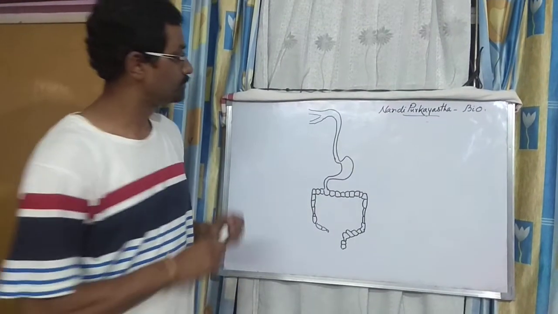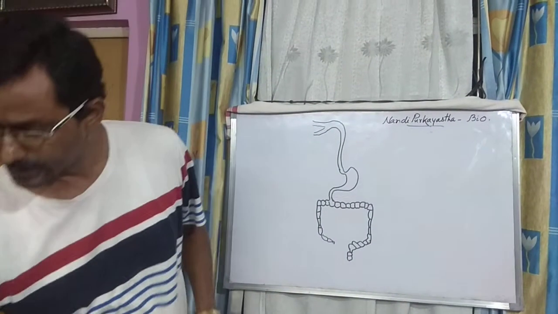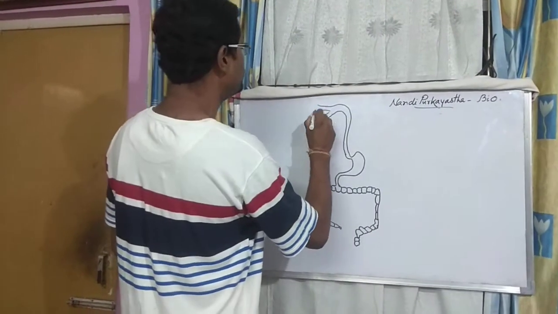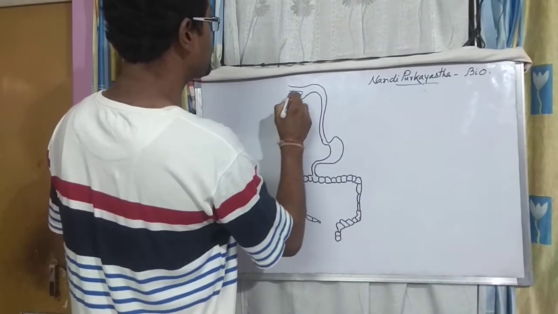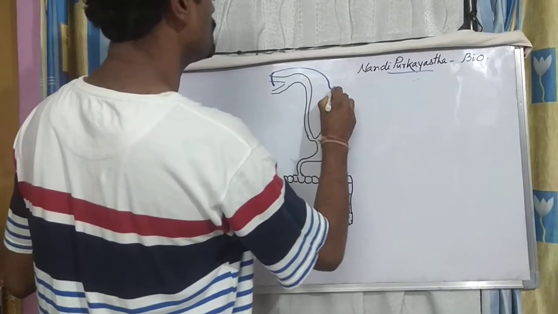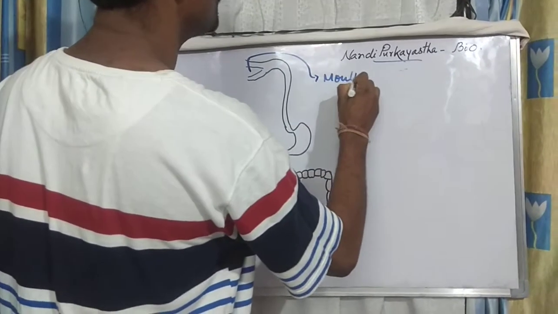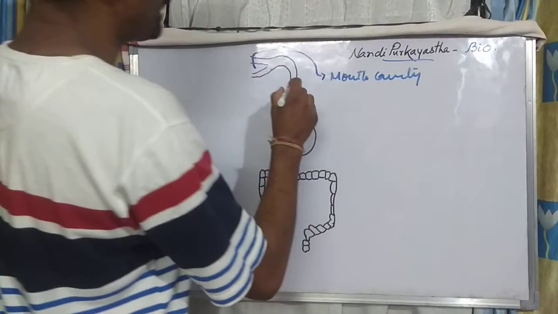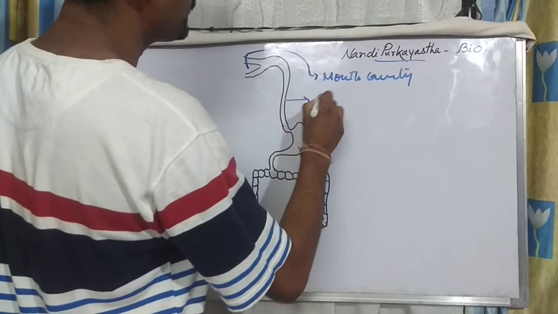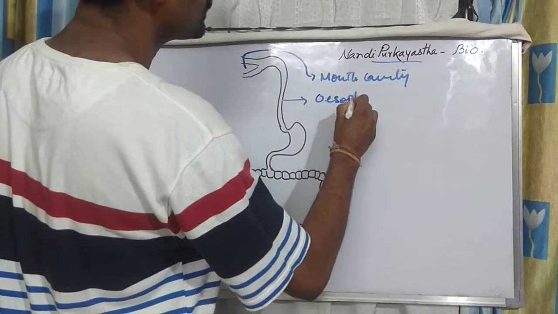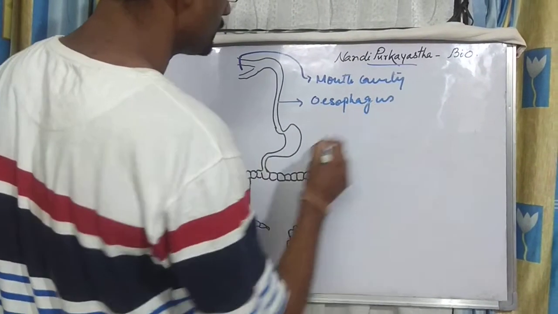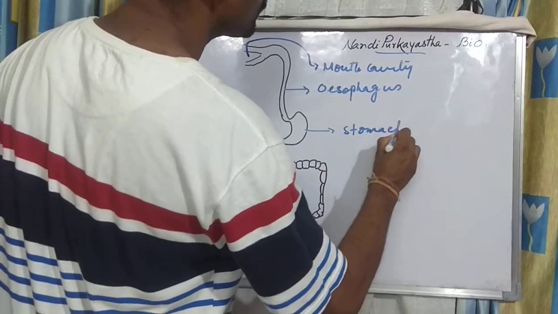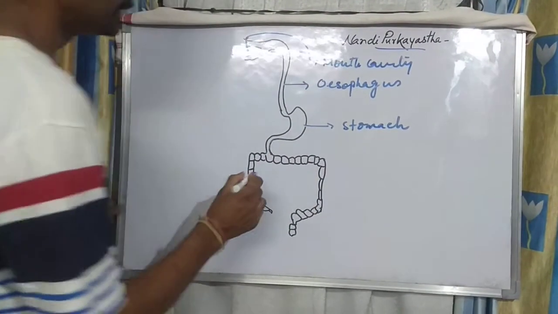Now, let's go for the labeling of this part. Here, this part is the mouth cavity. This one here is the esophagus. This one is the stomach.